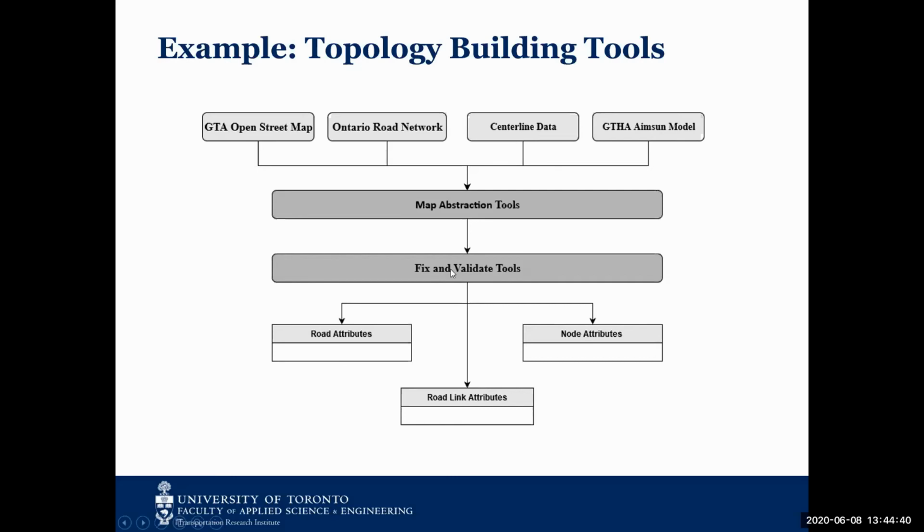So for any road or any GPS coordinate, if it's on the border, for example between two cities, it will be available in centerline data from Peel region and from the City of Toronto. And this road link will have this ID, and the same road link will have another ID in OSM and a third ID in the Ontario Road Network.